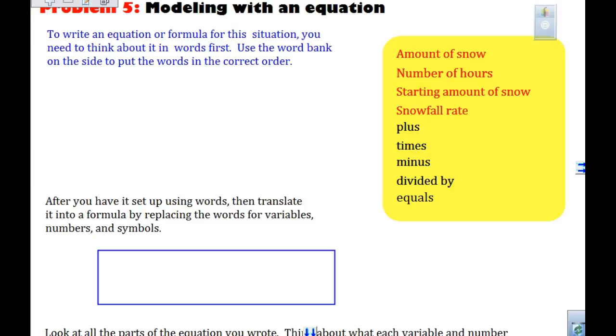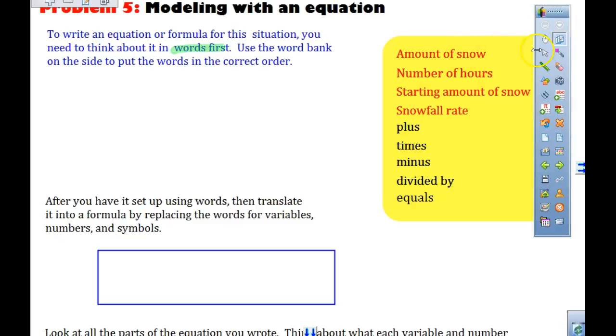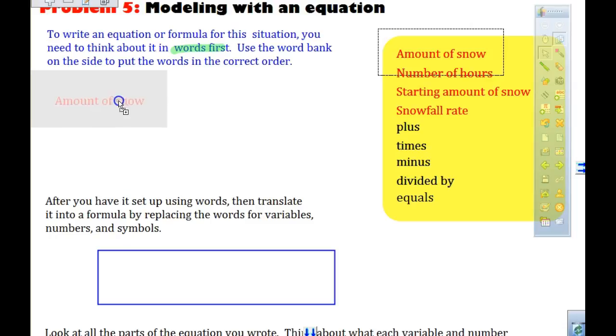All right, then we want to model an equation. Now when we model this equation, it says to write an equation for this situation, you need to think about the words first. So using this word bank that I have to the side, we want to think, okay, what are we actually doing as we are looking at that? So if we think about this, we are going to find the total amount of snow.